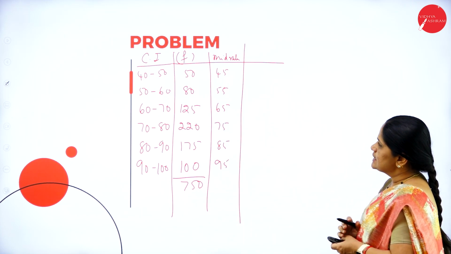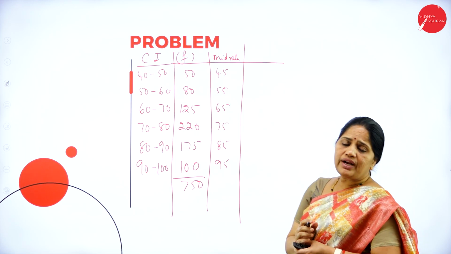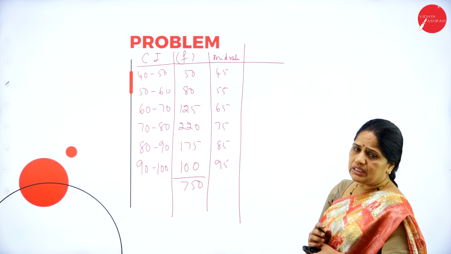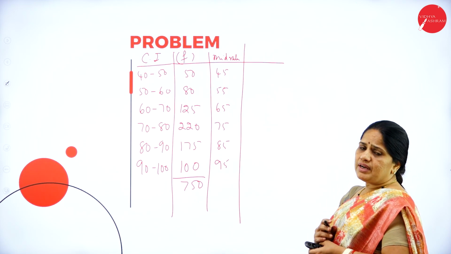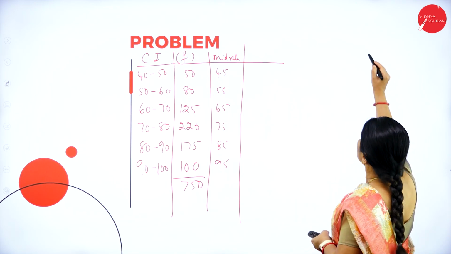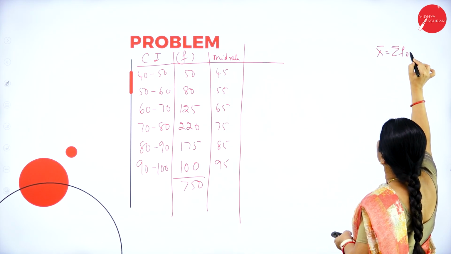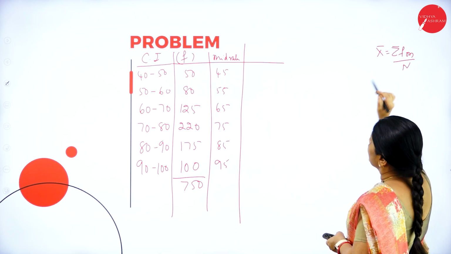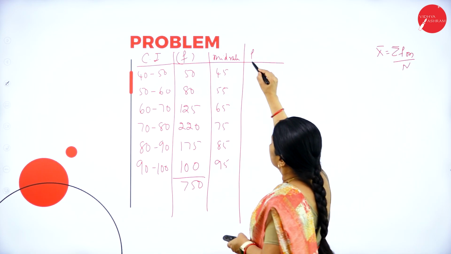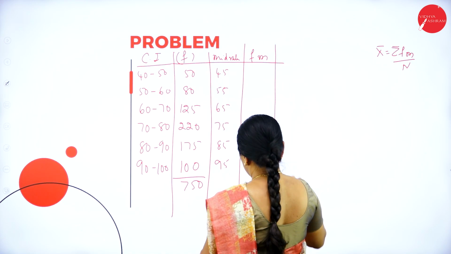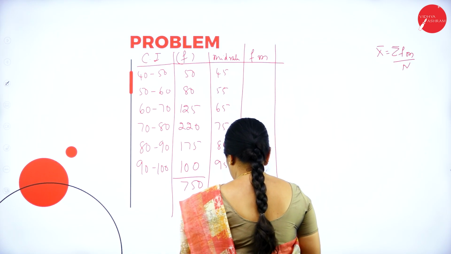Now, the next step will be, we have to find out the mean of these values. So it will be sigma Fm divided by n. So mean value will be equal to sigma Fm divided by n. So, 45 into 50.